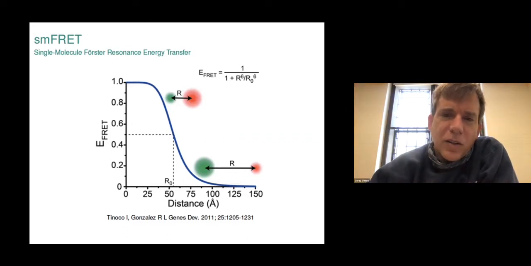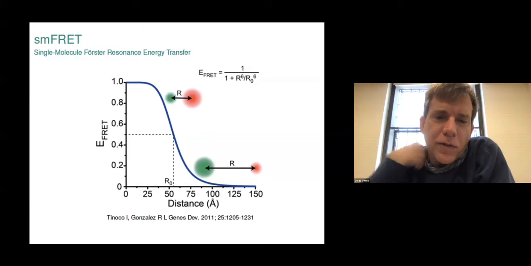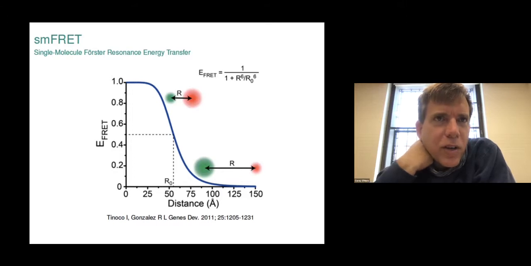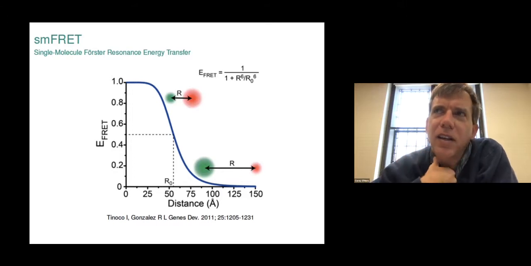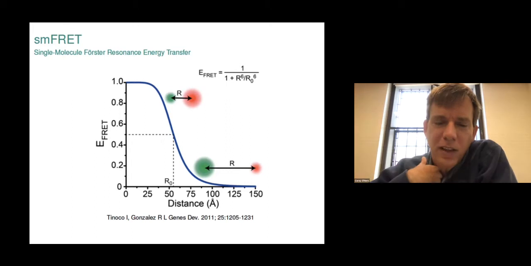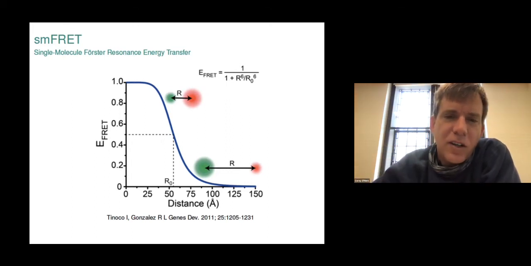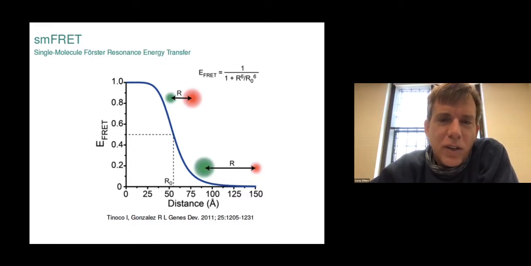One of the fluorophores will be on one of the amino acids, and another fluorophore will be on another amino acid, between which you're trying to measure the separation.